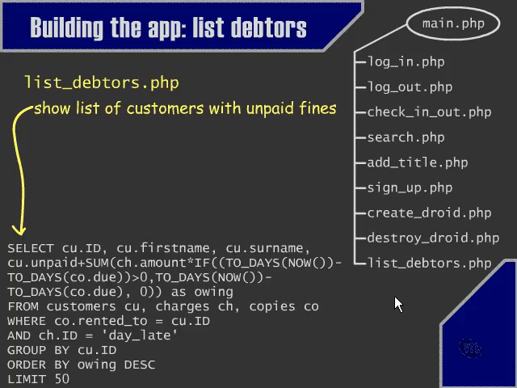This is not something that we wish to do. So we have to use the if function to discriminate between late videos and early videos. So with this query, we are able to access the information within the List Debtors script.